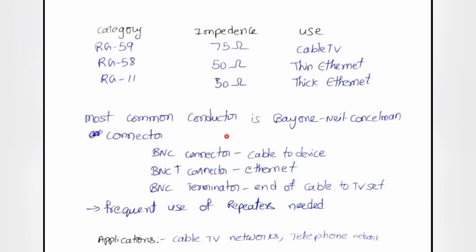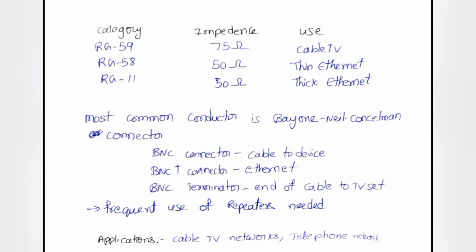The most common connector is the Bayonet Neill-Concelman connector, that is the BNC connector. The BNC connector is used to connect the cable to a device, the BNC-T connector is used to connect the device to an Ethernet, and the BNC terminator is used to connect the end of the cable to a TV set.